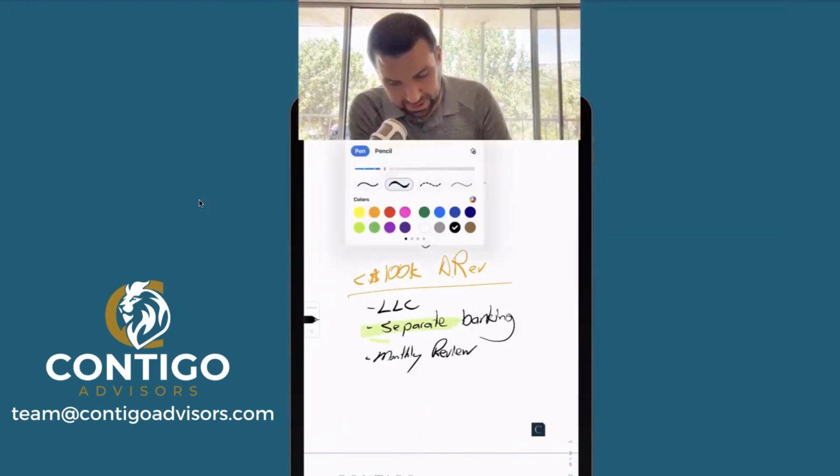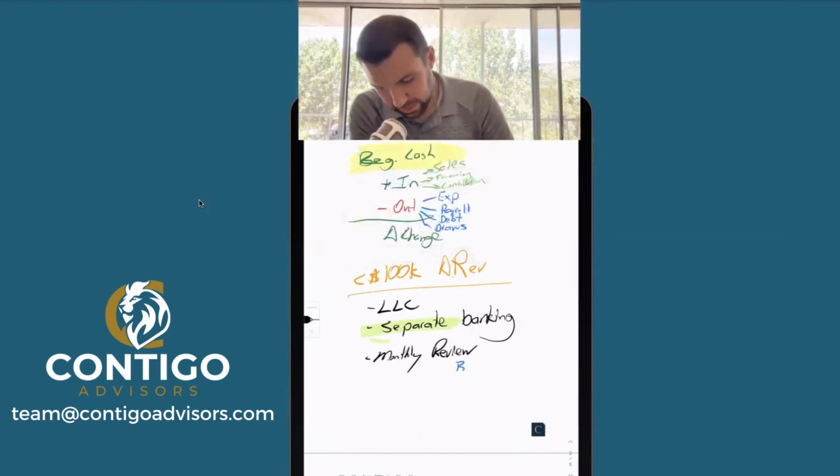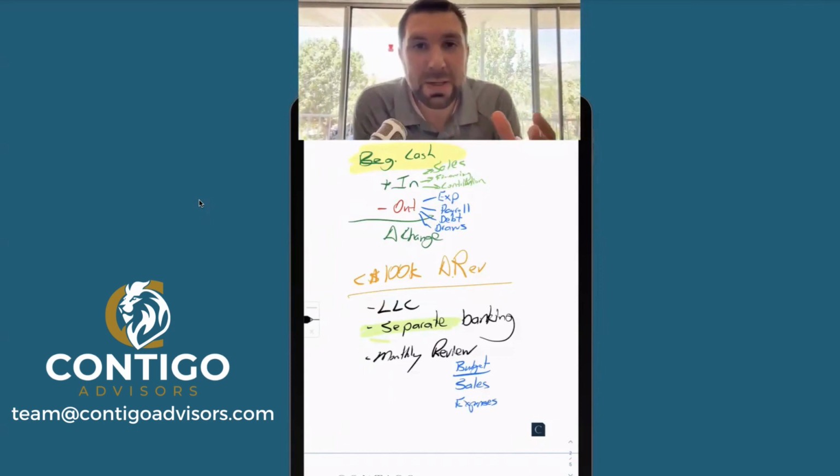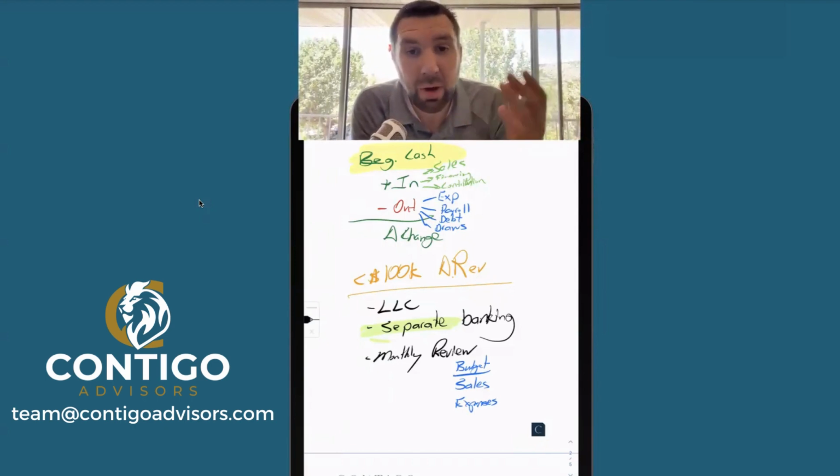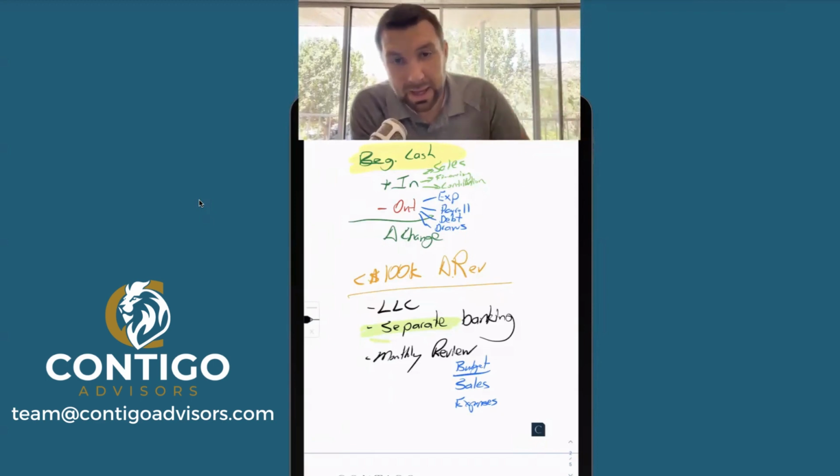So you need to identify a budget for sales and expenses. And I'm okay at this level if all of your expenses are just in one bucket. Expenses, period. Fine, great. But have a budget for it. What am I going to sell? What am I going to spend? And then how much is going to be left over? That's your profit. Then you go in and you compare your actuals to it.